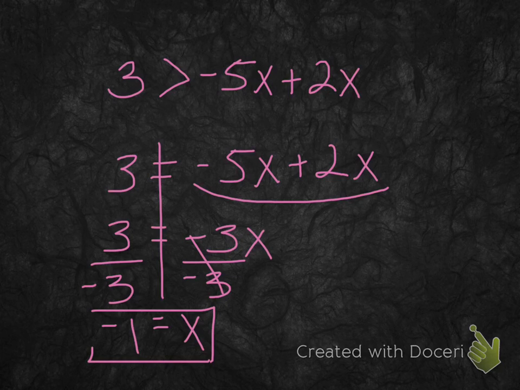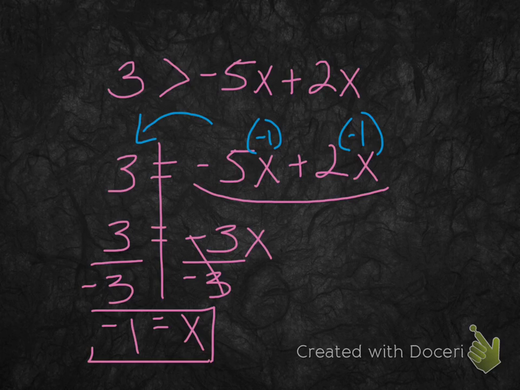Now, how do we check that step? We have a process we call an evaluation step, and we evaluate for wherever x is. We would plug in negative 1. Some of us use a computer or calculator to do that for us using a store function, or some of us can do it old school. I don't have a calculator on me right now, so I'm just going to do it this way. I evaluate to see if negative 1 actually makes this side true.